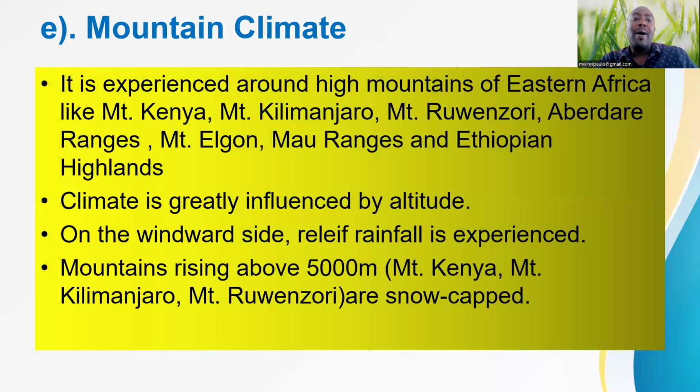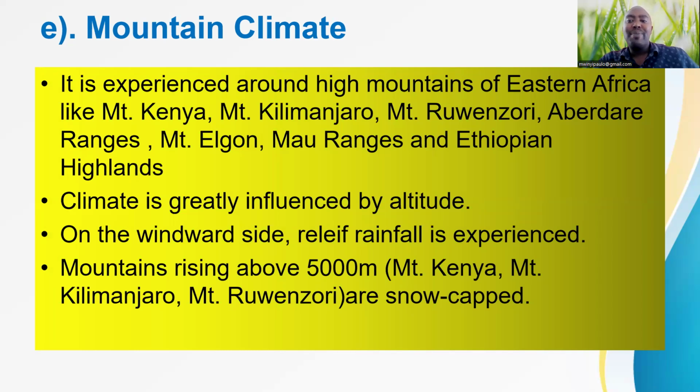Next, the mountain climate or mountain climatic region. It's experienced around high mountains of Eastern Africa. If you can remember, some time back we learned about the physical features, and one of them was the mountains.